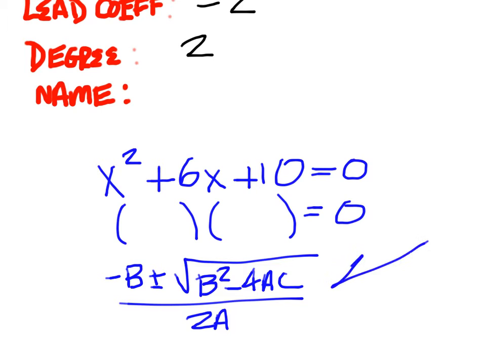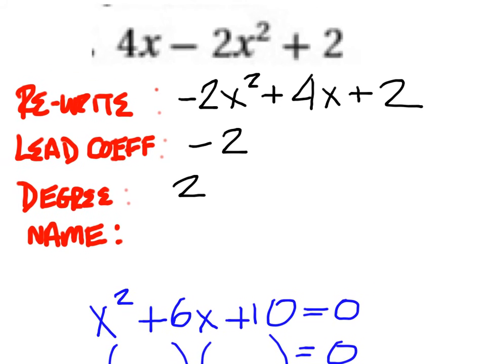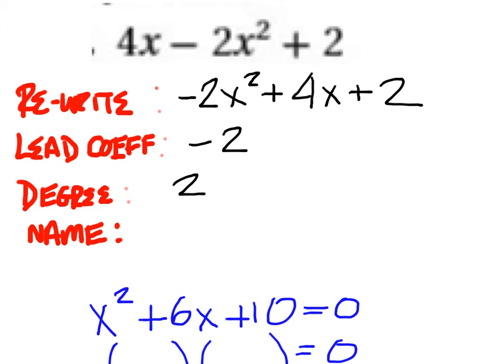Quadratic formula. So if you solve an equation with the quadratic formula, what's the name of the equation that you're solving? Quadratic equation, right. So the name of this would be a quadratic trinomial.